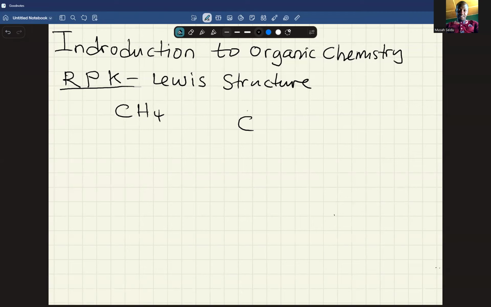And then to do the Lewis structure of it, that is how it's going to look. And then the H's, or the hydrogen, now come to bond to it.